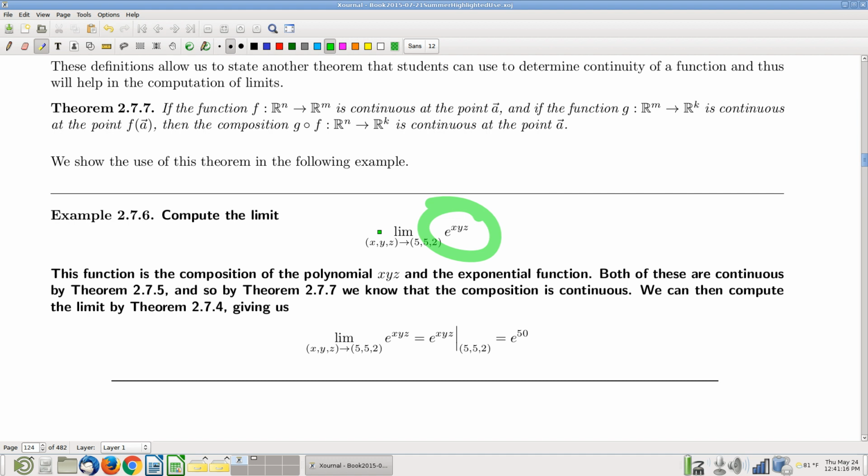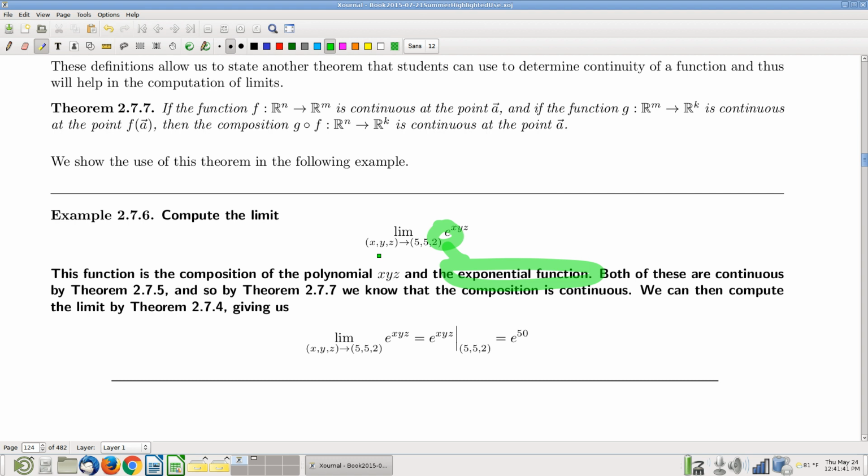This is not a product, for example, of known continuous functions. It is, however, a composition of known continuous functions. The polynomial, right? That's a polynomial. It's known to be continuous. And what are you doing with that polynomial? Well, you are then exponentiating.